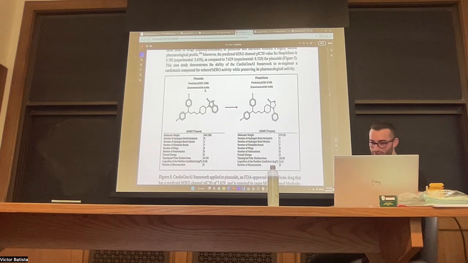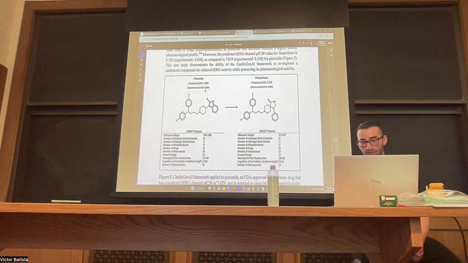So we think, okay, let's try to make this a little bit better. So we apply the method to this, and by the way, it takes roughly 1 minute to apply the whole framework. And in that 1 minute, we generate 100 refined candidates. Among those 100 is this other drug called fluspirilene.